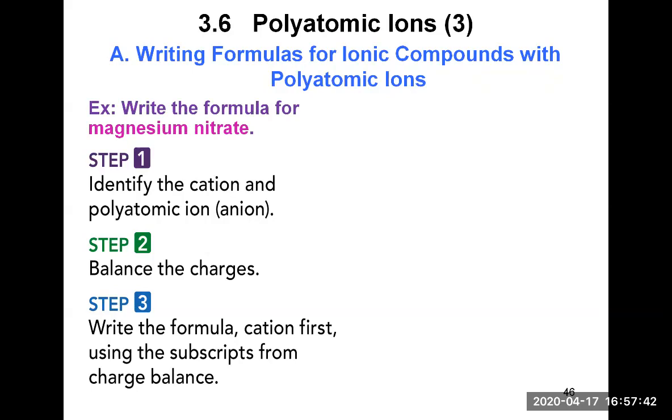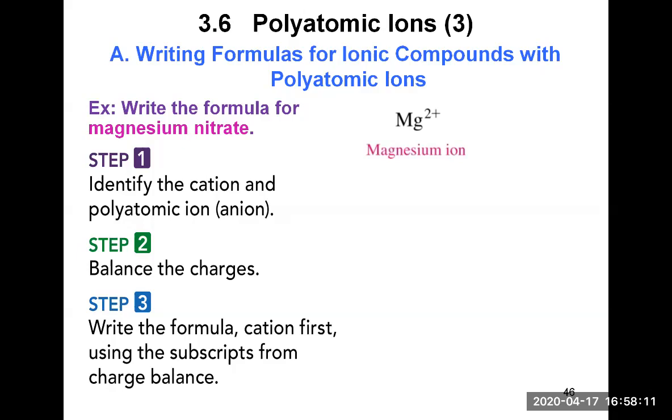Identify the cation and the polyatomic ion is the first thing you want to do. Magnesium is Mg, and that's a predictable ion found in the periodic table in group 2A. Magnesium will give a magnesium 2+.